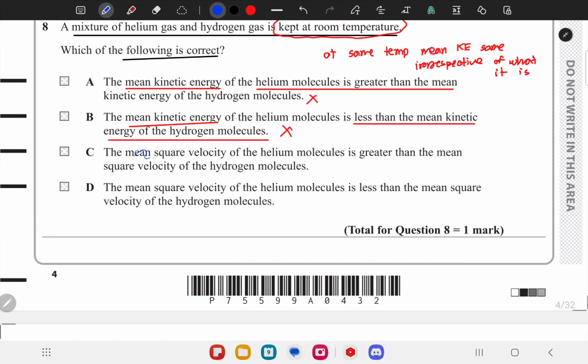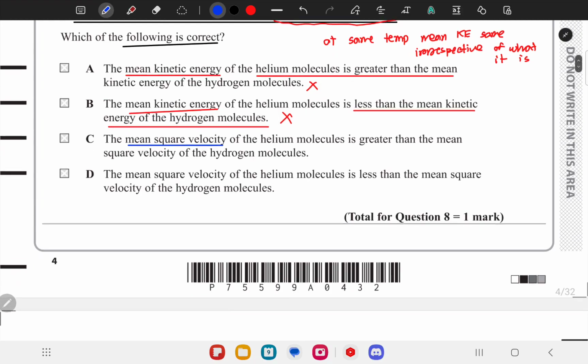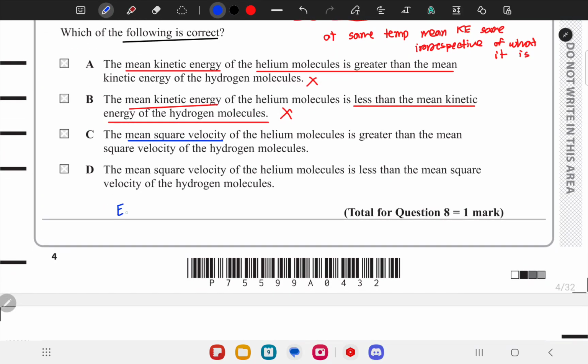Now the next two options are about the mean square velocity. Since we know that the kinetic energy would be the same, we can write the mean kinetic energy as half times m and then the mean square velocity. The average mean kinetic energy for hydrogen and helium molecules must be the same. However, the mass of helium molecules will be greater than that of hydrogen molecules.